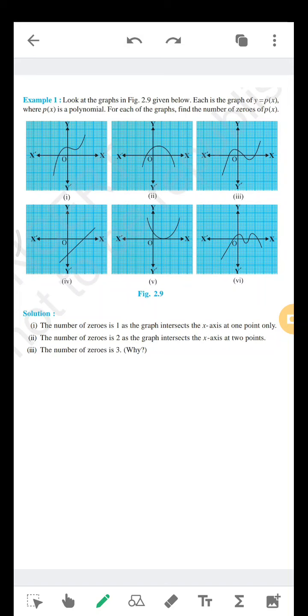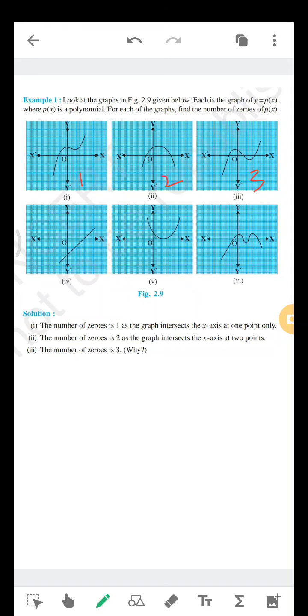So this has 1 zero because it is meeting the x-axis only at one point. This curve is meeting the x-axis at how many points? 2 points. So we'll say it has 2 zeros. This curve is meeting the x-axis at 1, 2 and 3, at 3 points, right? So how many zeros does it have? It has 3 zeros, 3 solutions.